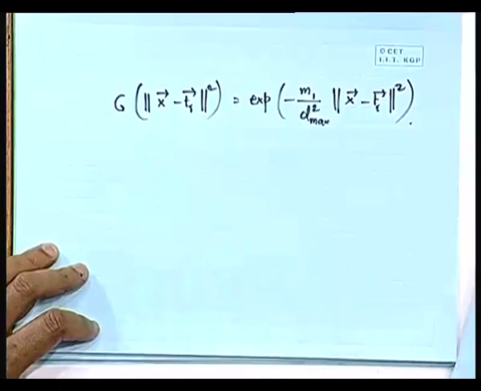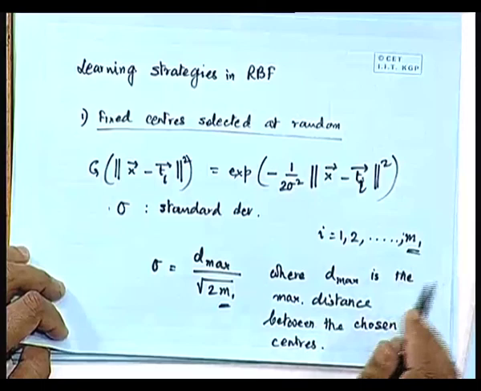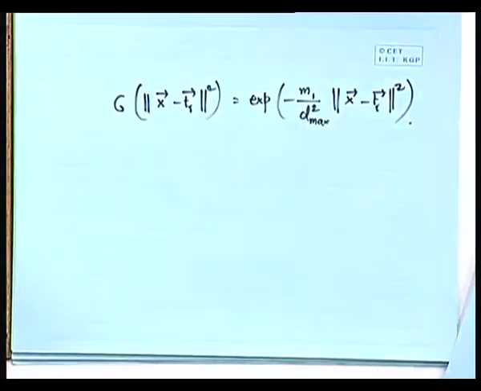M1 obviously is the total number of such centers that you are using. So, that means to say that we are choosing uniform sigmas.